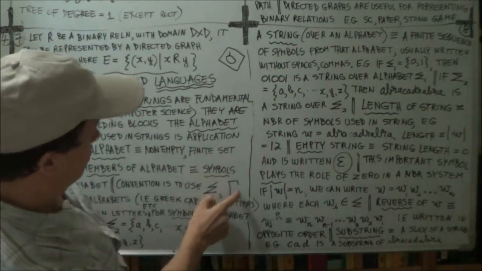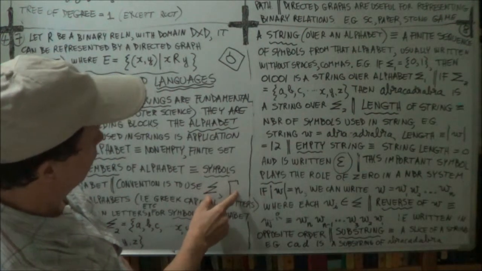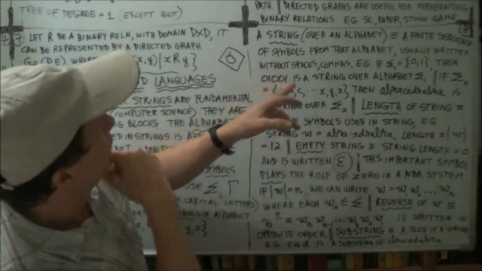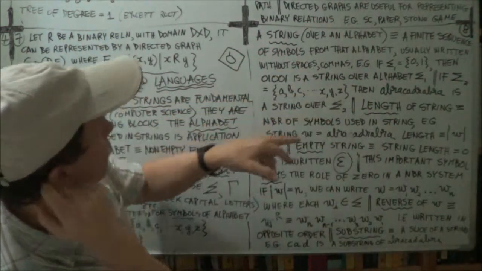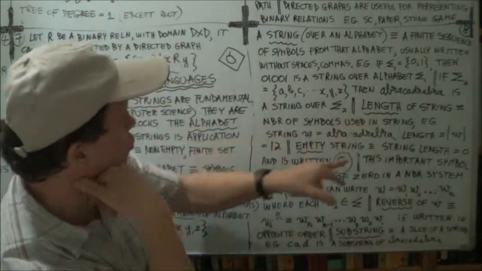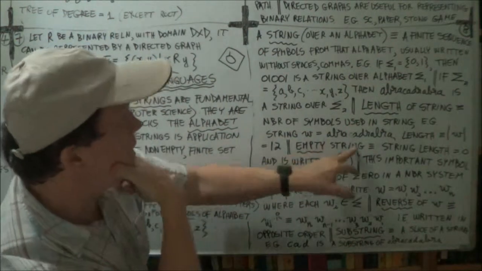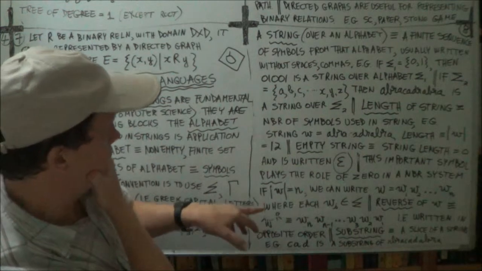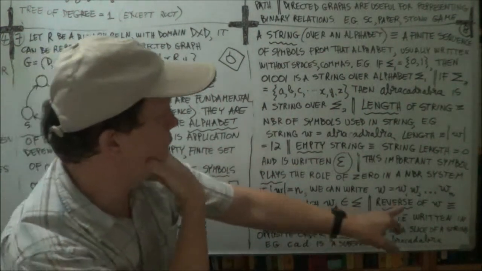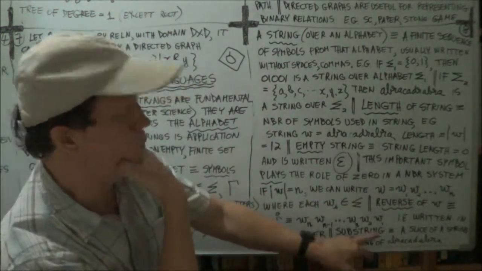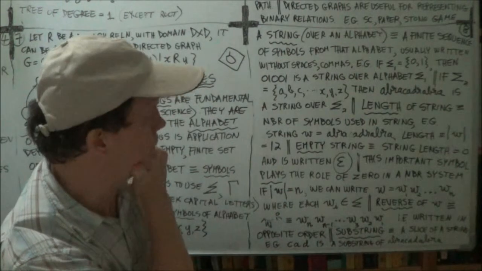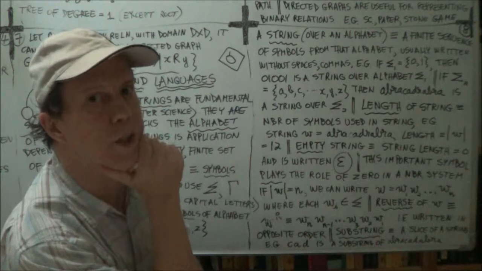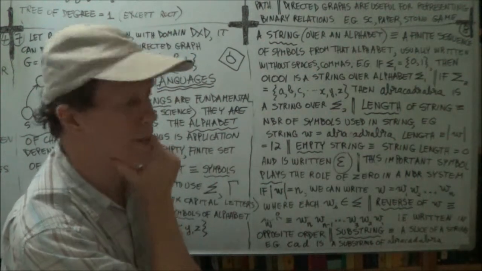The convention of how to label alphabets using capital Greek letters like sigma and gamma. What's a string itself? Okay. What's the length of a string? What is the empty string? The reverse of a string and a substring. Okay, so quite a number of terms and concepts you need to memorize there.